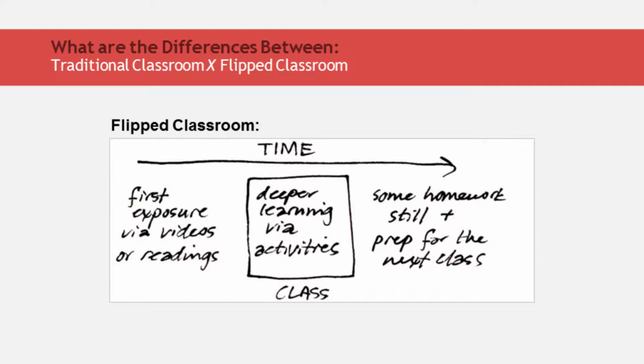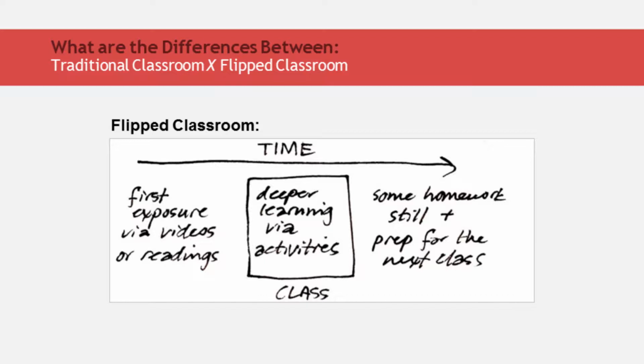When learners come to class, they are expected to get a deeper understanding of the concepts they self-studied at home through practical activities. And after class, back home, they still have some homework, but the majority of the time is used to get themselves ready for the next class.